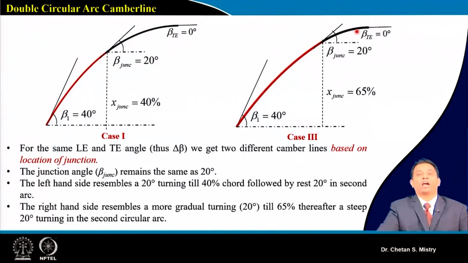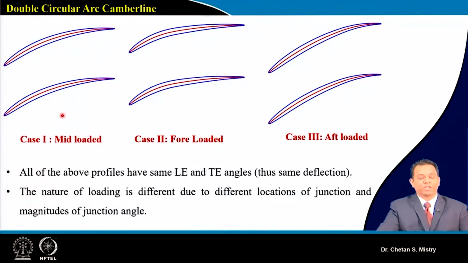For the circular arc camber line, we do not have much flexibility. For the parabolic configuration, we have a little flexibility to move to off load, full load or mid load. But here in this case, we have too much flexibility in selection. Suppose this represents a mid-loaded configuration, for the same passage area this represents a fore-loaded configuration, and here this represents a half-loaded configuration.